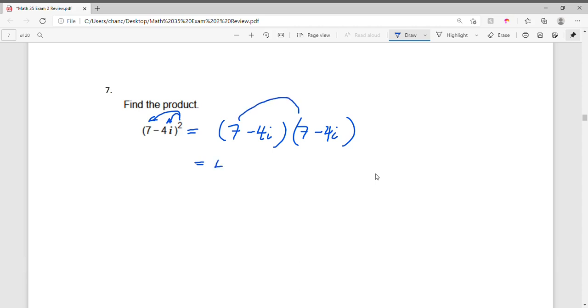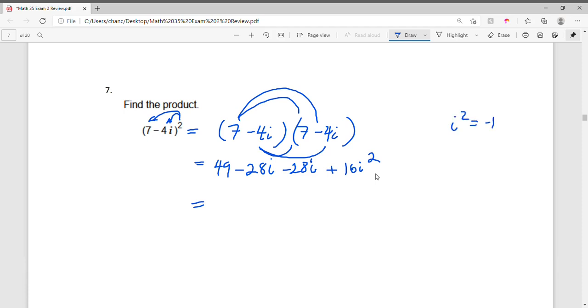7 times 7, that's 49. 7 times negative 4i is negative 28i. Negative 4i times 7 is negative 28i again. And negative 4i times negative 4i is positive 16i squared. Recall again, i squared is equal to negative 1.